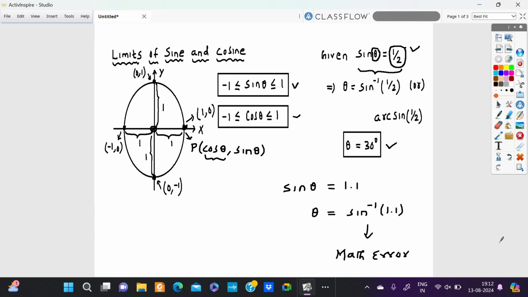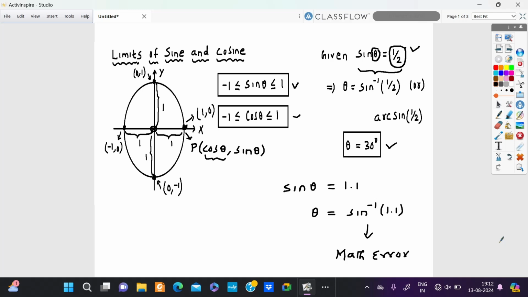Why do I repeat this? Is that we should realize that the calculation has some mistakes. All right. So whenever you end up with sine theta is equal to a value or cos theta is equal to a value, that particular value should be between -1 to +1. Otherwise, it seems that you have done some mistake with your calculation.